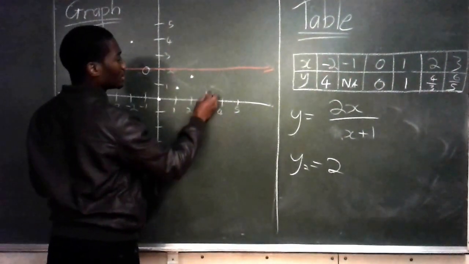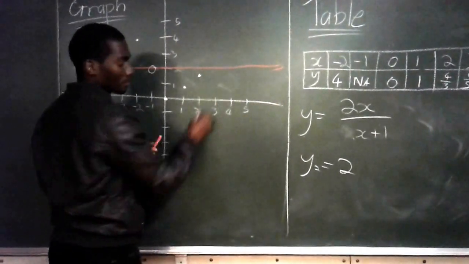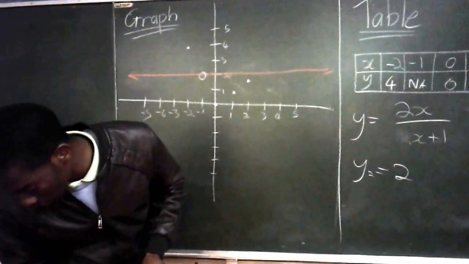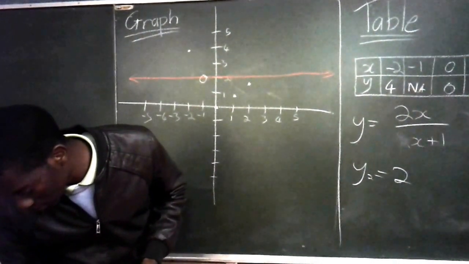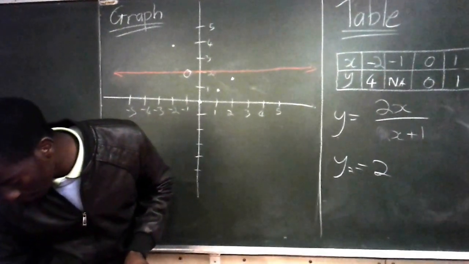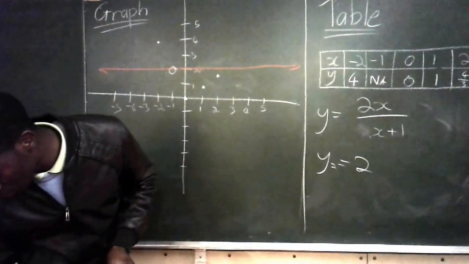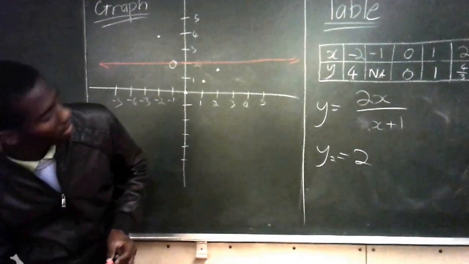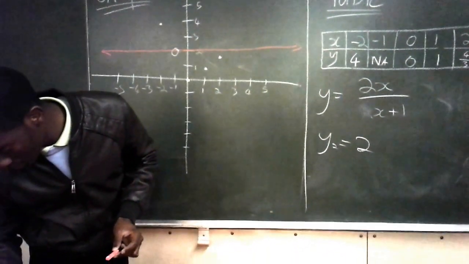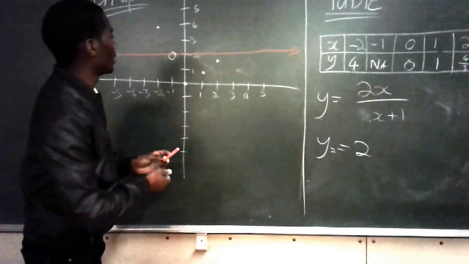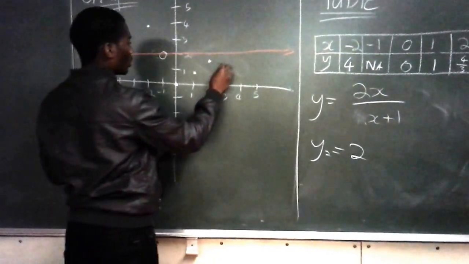For 3, we have 6 over 5, which is also close to 1. 6 over 5 is 1.2, and 4 over 3 is 1.33.